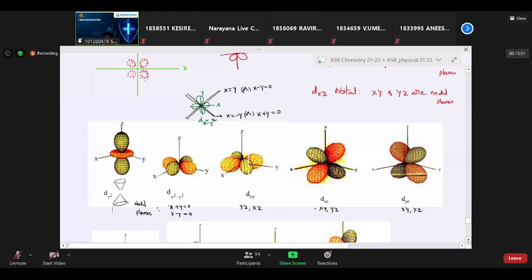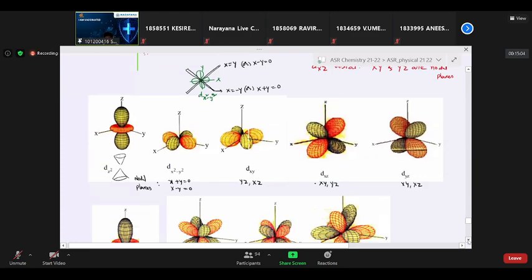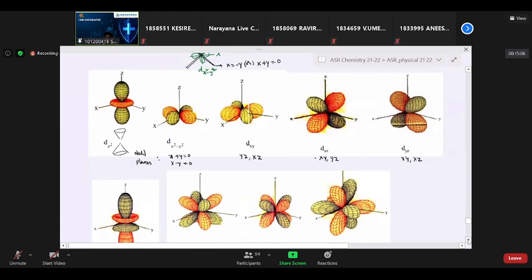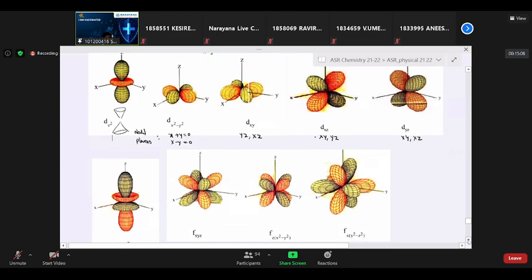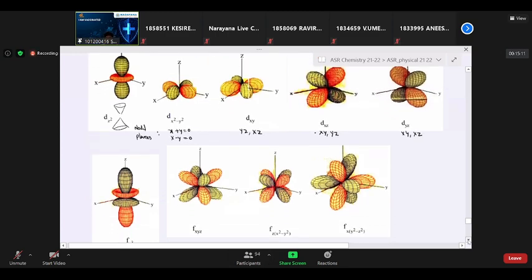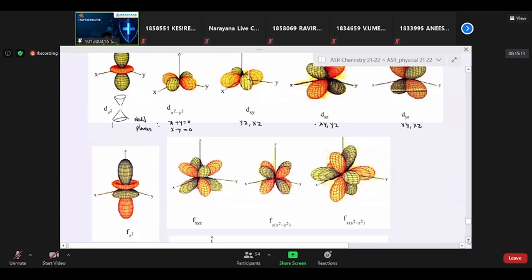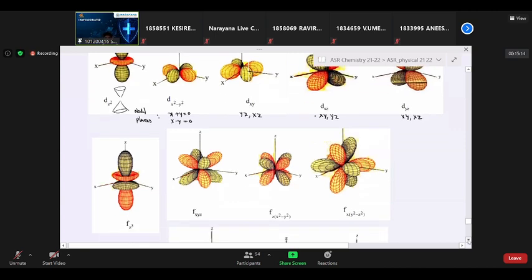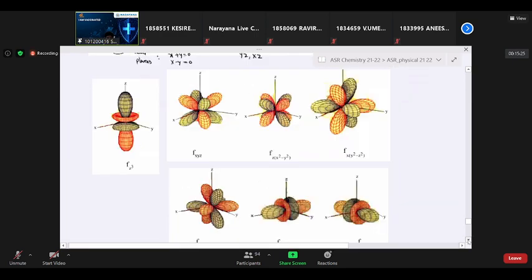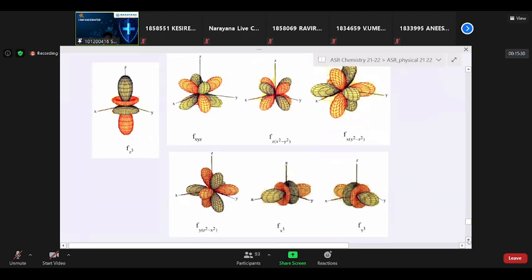For f orbitals, you just need only the names of the orbitals. So fz cube, fxyz, fz of x square minus y square, fx of y square minus z square, and fx cube. So these are the orbitals we should have.